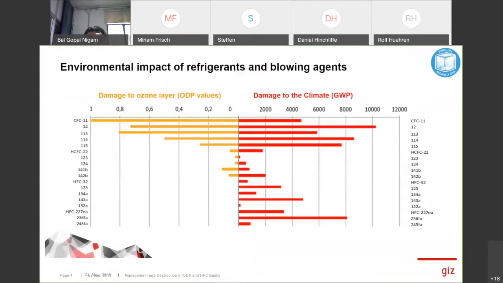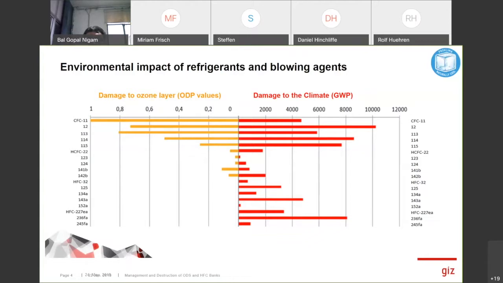On the left side, you can see ODP values of the substances, which are measured compared to CFC 11, which is equal to 1 and has the highest ODP. On the right side, the GWP value is shown, which is compared to CO2, which has a factor of 1.